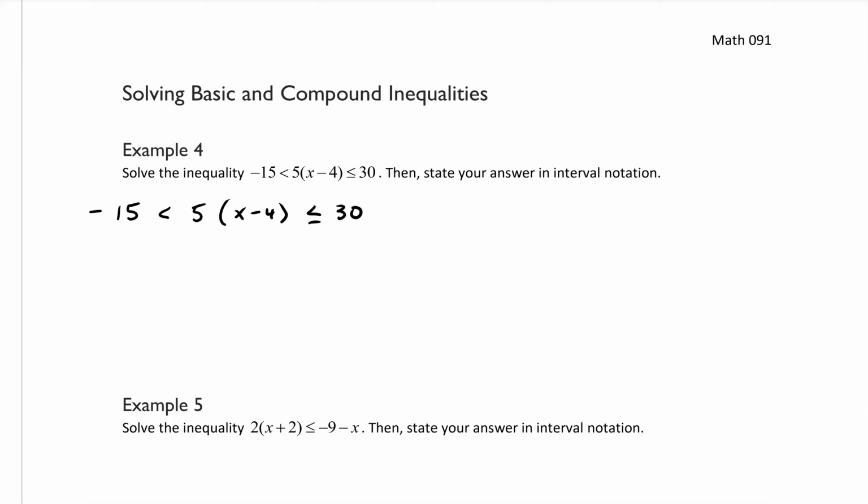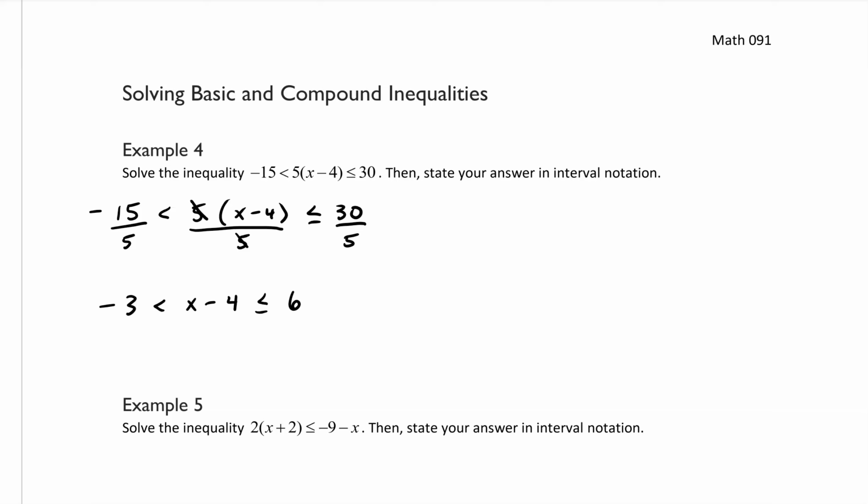So what we want to do first is divide all components of our inequality by 5. If we do that, this 5 will divide with that and leave us with 1. On the left-hand side, we would be left with negative 15 over 5, which is negative 3, is less than x minus 4, which is less than 30 divided by 5, which is 6.